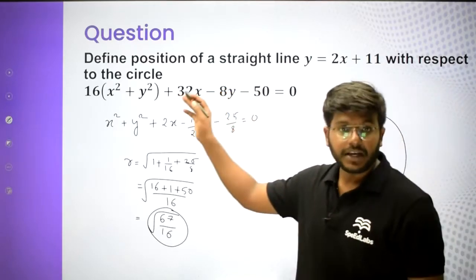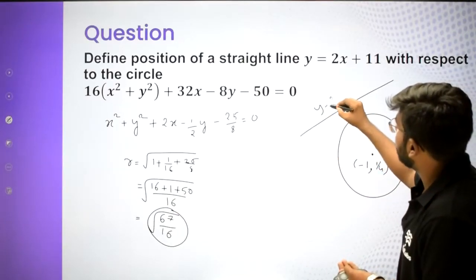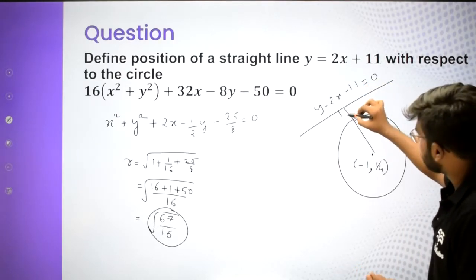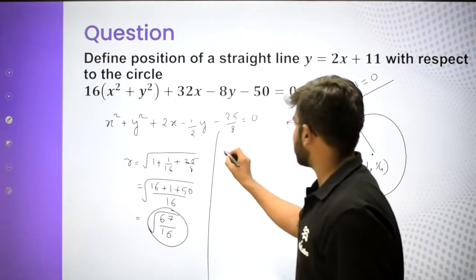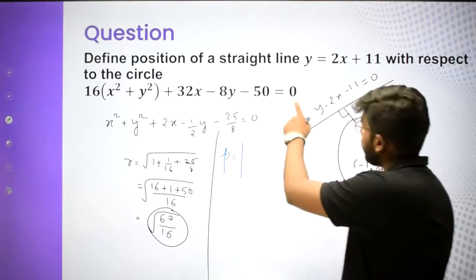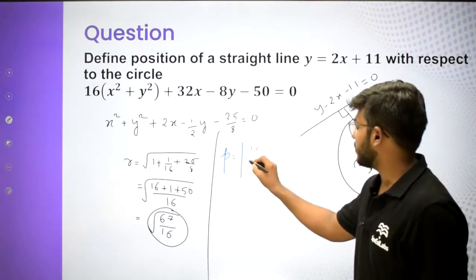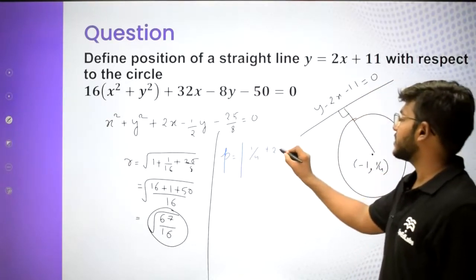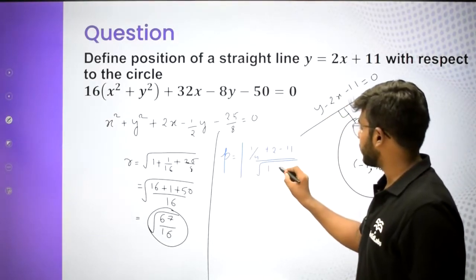Now if we need to find the position of the line, what will we do? What is the equation of the line, beta? Simply you can say y minus 2x minus 11 equal to 0. So if you need to find the perpendicular distance, how will we find it? We will say the perpendicular distance P will be modulus of putting this center point in Ax1 and so on. The y coordinate is 1 by 4, so 1 by 4 minus 2 into x, so 2 into minus 1 will be plus 2, and minus 11, divided by under root A square plus B square, so 1 plus 4.